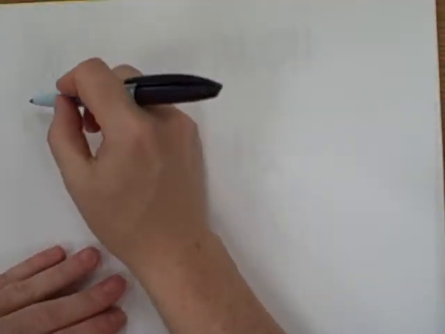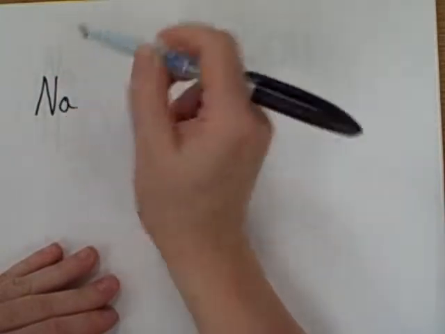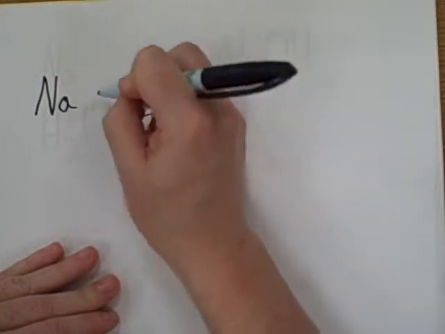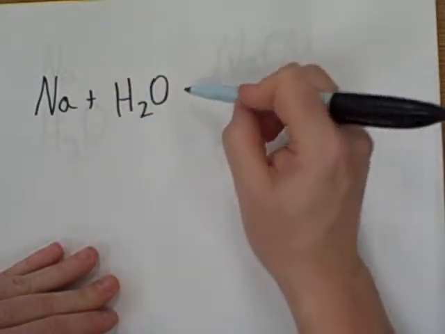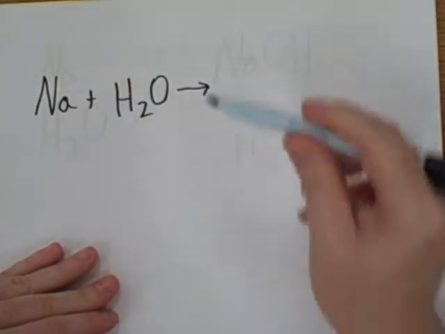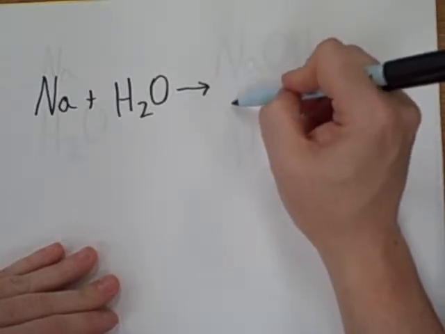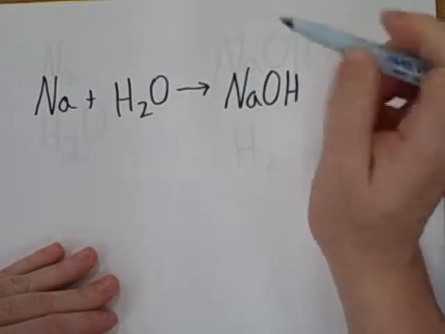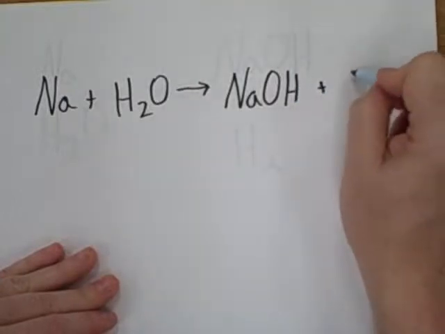So let's put them together and separate them by an arrow. We have Na and we have H2O on the reactant side, and we're going to separate them with a plus. Okay, the arrow separates reactants from products, and our first product is NaOH, sodium hydroxide, and then H2 is our other product.